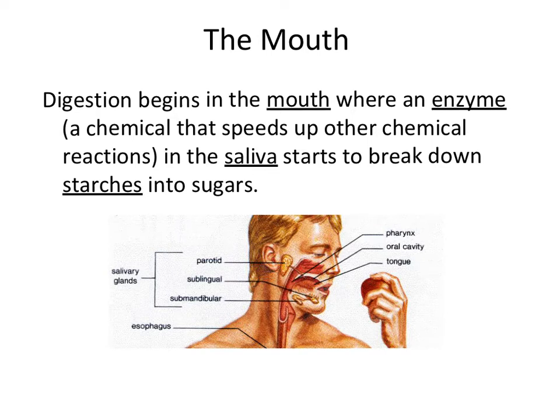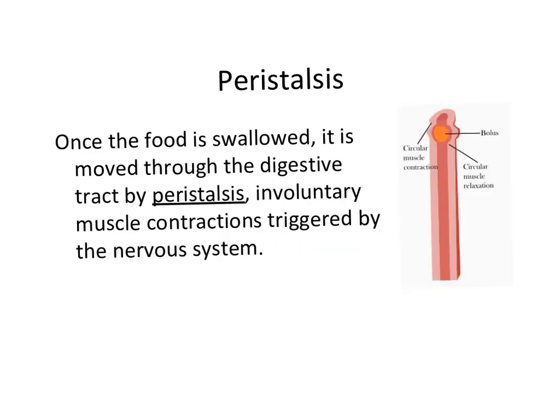So using your teeth, your tongue, and the saliva, you actually create what's called a bolus of food, or a little lump of food, which you then swallow. Once you have swallowed this bolus of food, it will move down your esophagus through a movement called peristalsis.